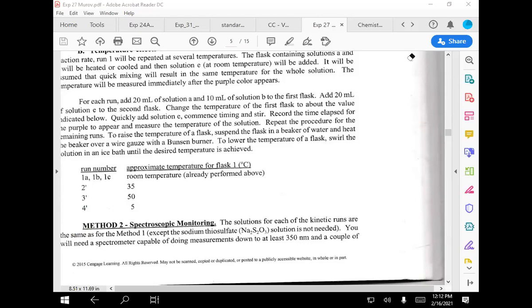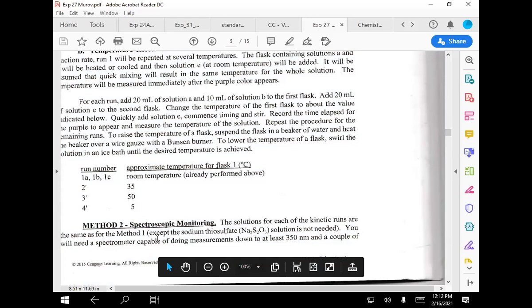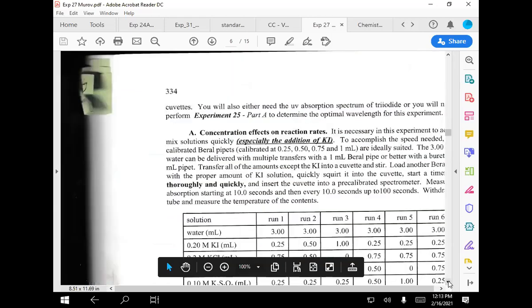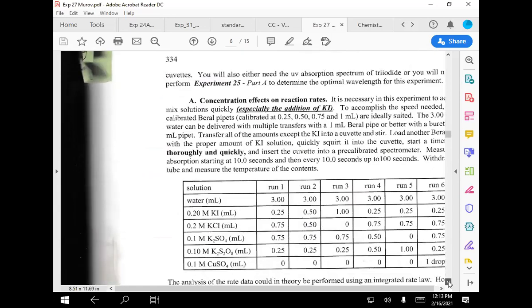We also have the Vernier spectrophotometers. So this is where you start with your procedure. Here's our table of the runs. Part A is the concentration effect on the reaction rates. This is your procedure, and we do use cuvettes.